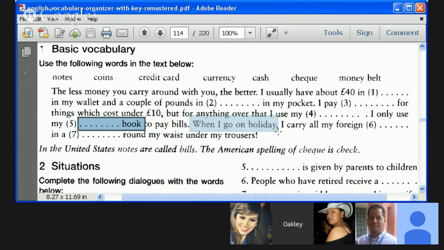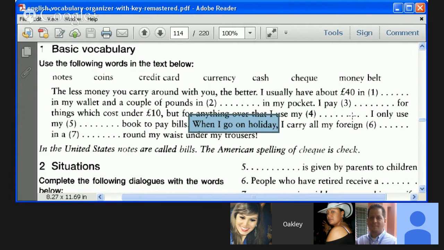Can you read the last sentence here? You can do a couple fill in the blanks from when I go on holiday. When I go on holiday, I carry all my foreign... Okay, we're talking about money.